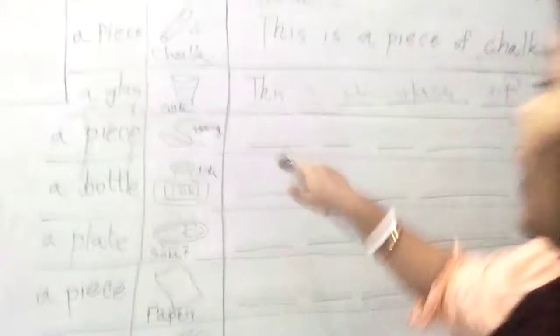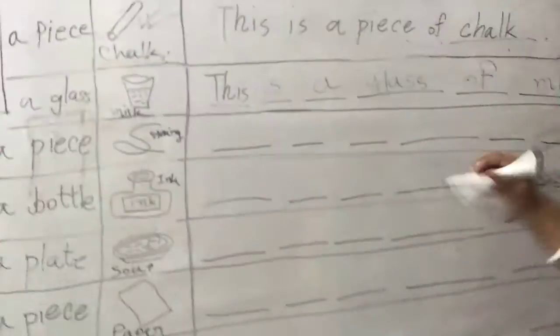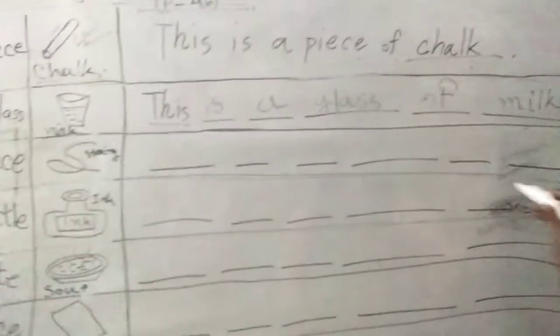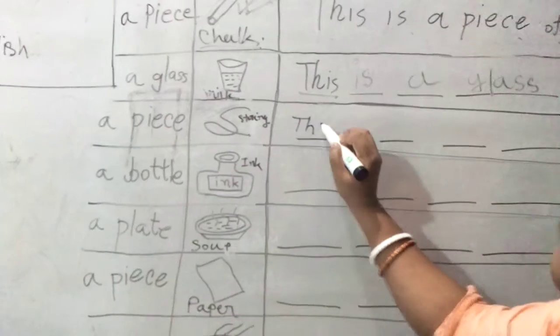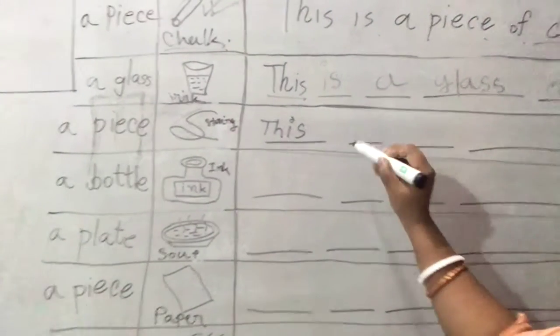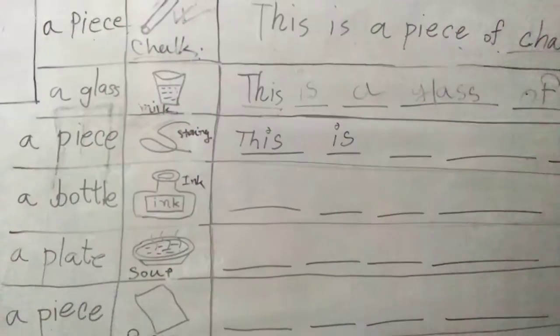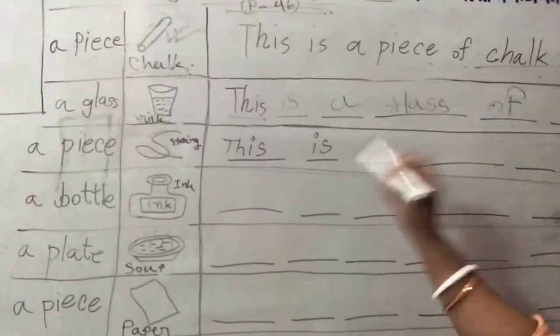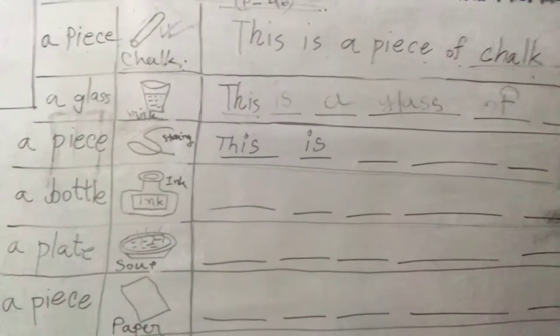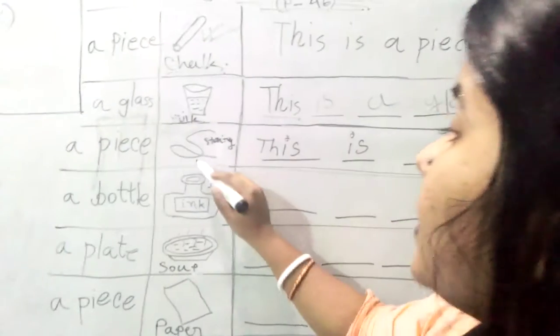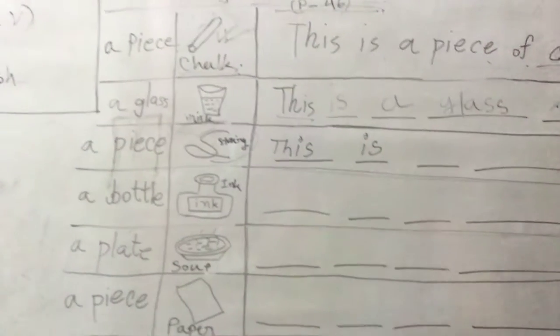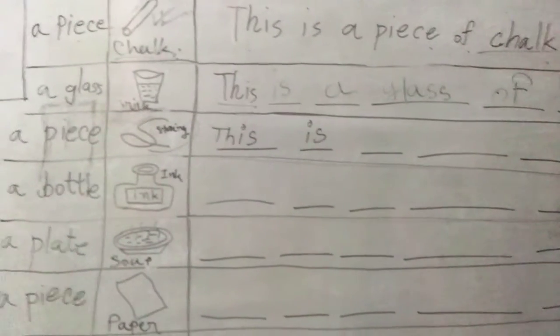So here, see, the whole sentence is in blanks. The first one will be a subject, it is this. Then after this, what comes? It is. Why should is be here? Because it's a string. Is it a plural number or singular number? Of course, it's a singular number.